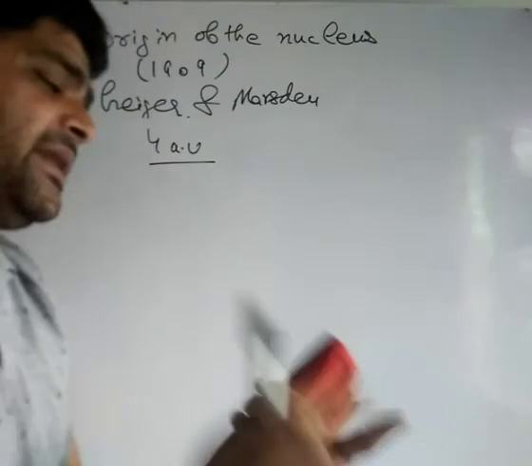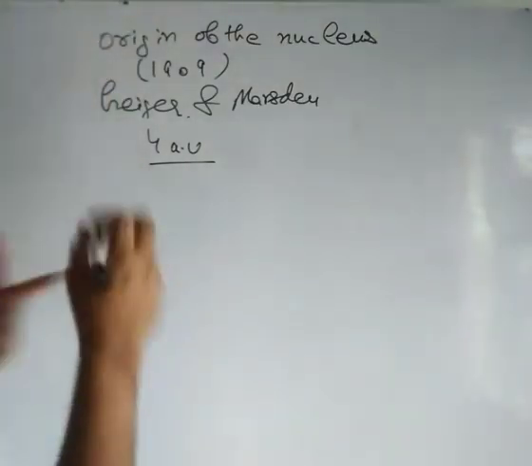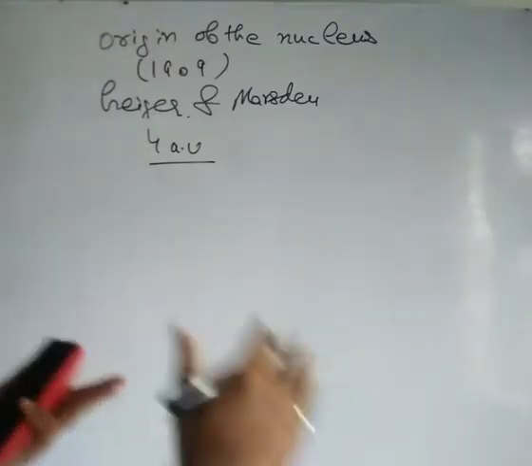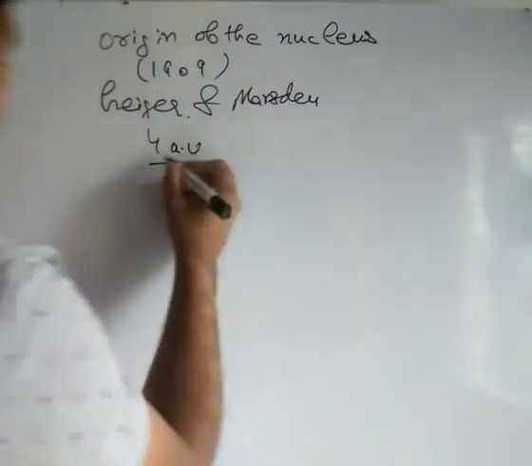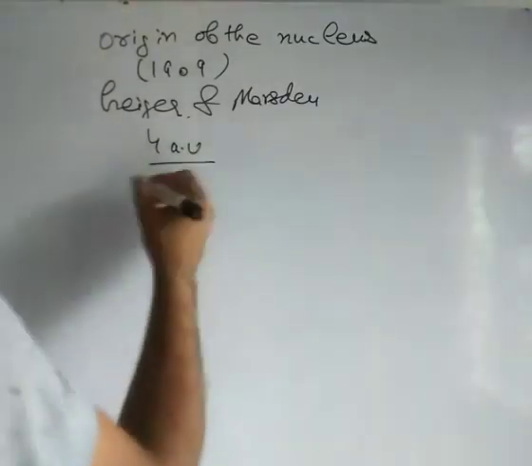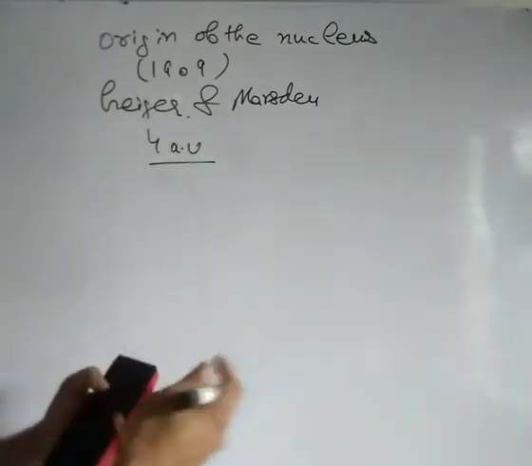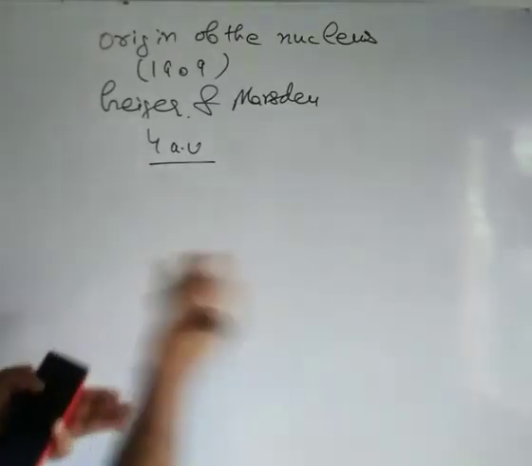Now, when alpha particles come out from a radioactive nucleus, they come out with a large velocity, because when radioactive nuclei emit alpha particles, the alpha particles emerge with large velocities. That you have studied in your BSc classes. So it has a large mass. 4 atomic mass units is a large mass as compared to hydrogen. Moreover, it is coming from the radioactive source with a large velocity.